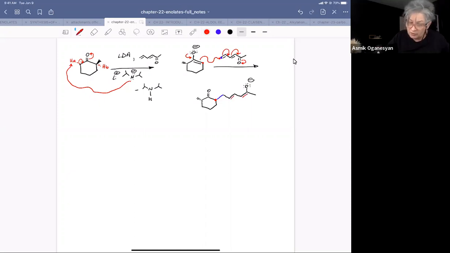Okay, so this is our beta position. This is our alpha position. Just to keep track of those, electron density is going to move back. And as it does, we're going to end up placing the electrons on the gamma carbon.